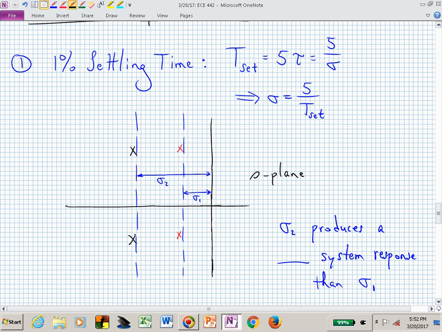Now I want to know yes for a thumbs up and no for a thumbs down. So now what do I want to do? I need to remember how I phrased that. Or sigma sub 2 produces a faster system response than sigma 1. Now I've changed the question. Is that true or false? Up or down? 1, 2, 3. And now I have some people that have crossed their fingers.